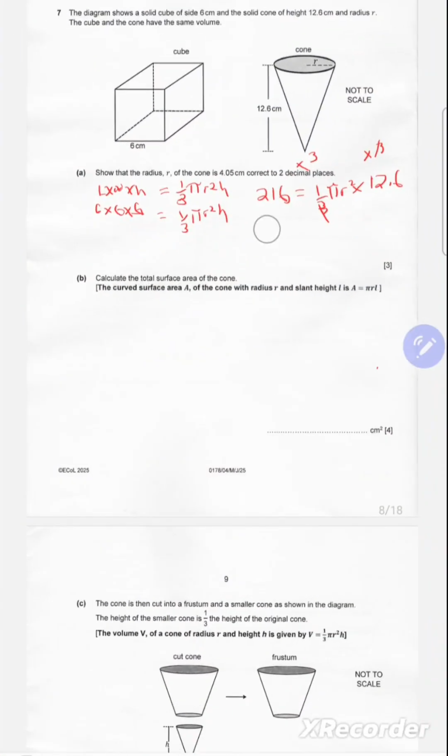So we are going to have 648 equals 12.6 pi r squared. We are just going to divide by 12.6 pi on this side and divide by 12.6 pi also on this side, then this cancels this.